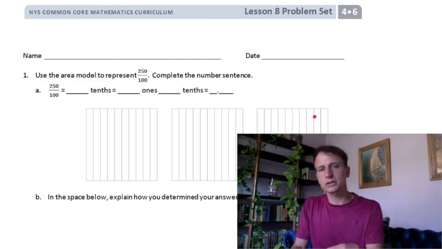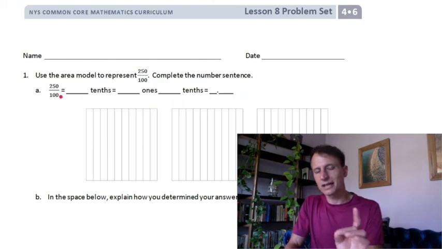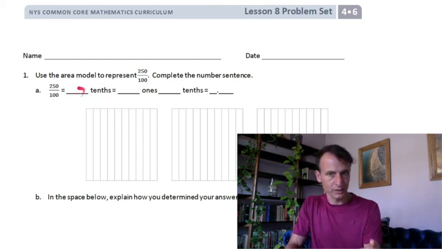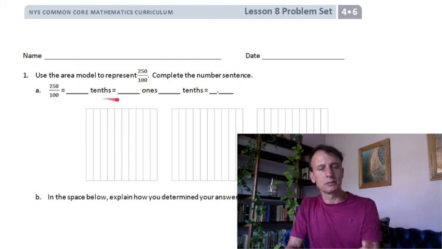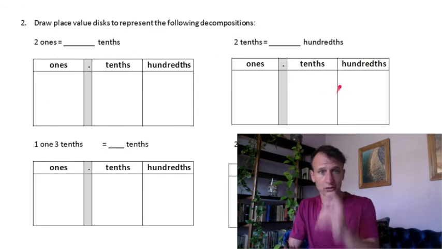That explanation, I would say, can be pretty simple. It has to do with relating tenths to hundredths. So I would say I looked at how many tenths there were, and then decomposed that into ones and tenths. Just explain it in those terms. Not what I just said exactly, but in those terms.